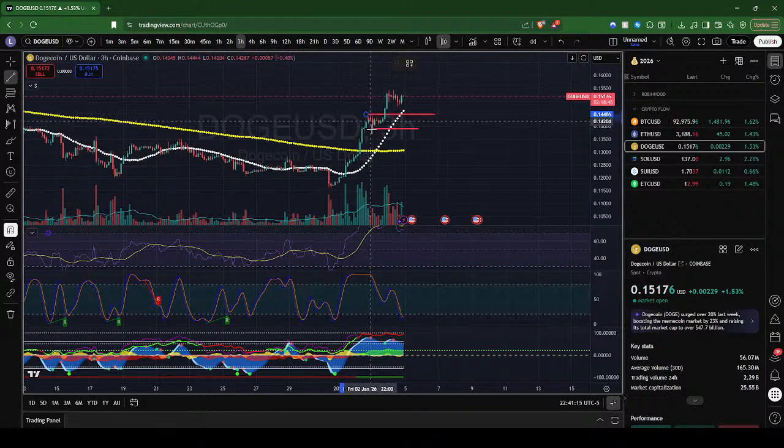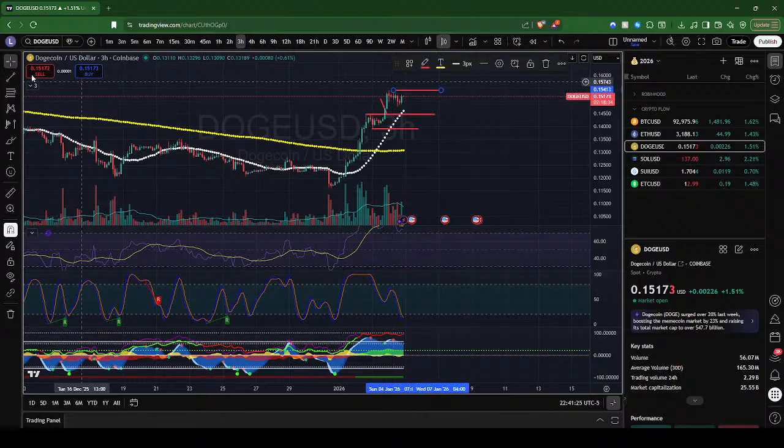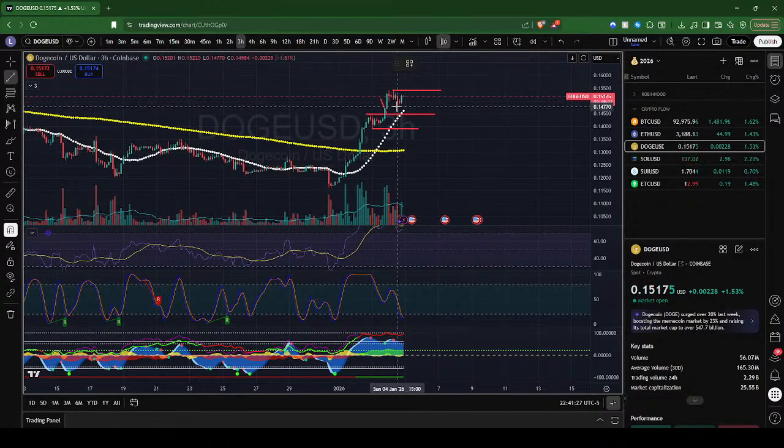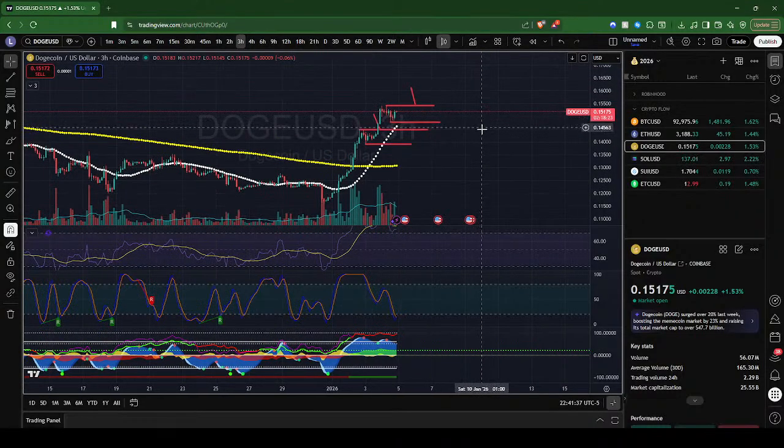You get this price action range, and yep, we hit our level, and then we're in another flag. So we flag out again, and we'll just keep doing this until we can confirm or reject the price action. So as of right now, if we can confirm the price action to the upside, looks like we have a 16-cent Dogecoin coming in the next day or two.